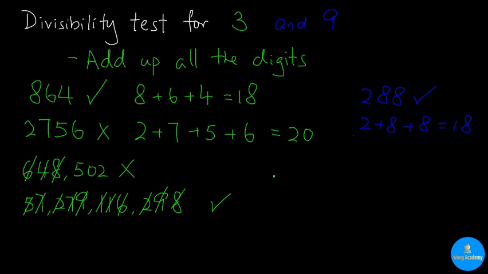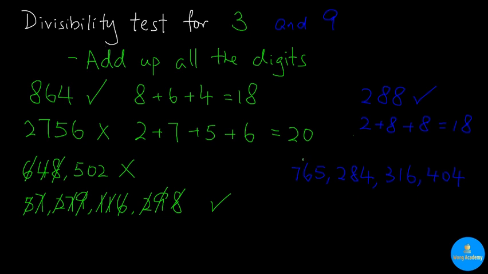What if we have a much bigger number? Let's say 765,284,316,404. If we want to check whether this number is a multiple of 9 or not, what we should do is ignore any digits that are 9 or summing to 9.